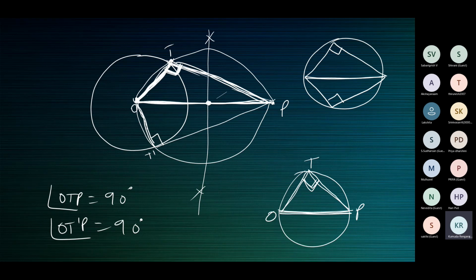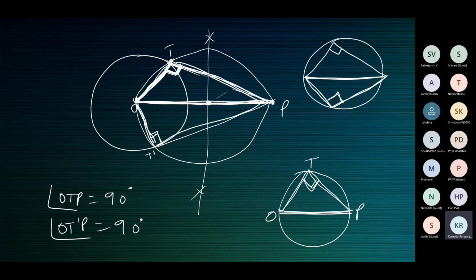See here, I'm showing you again, the new circle. This is the diameter, and below you can see the diameter with the 90 degrees. So angle OT dash P is 90 degrees.